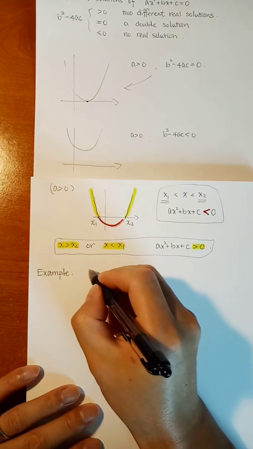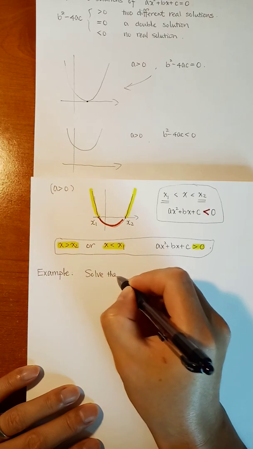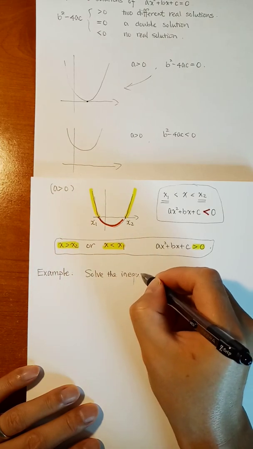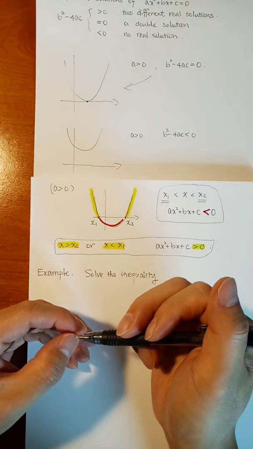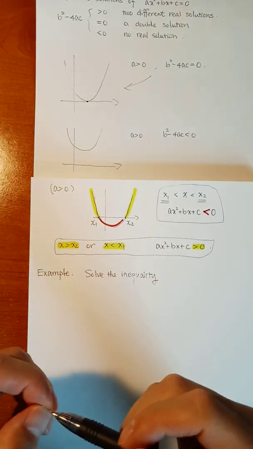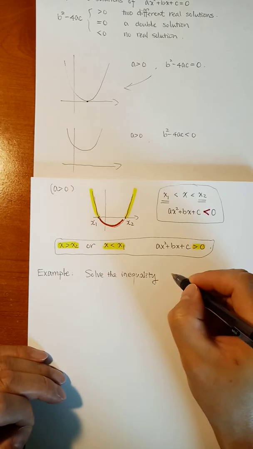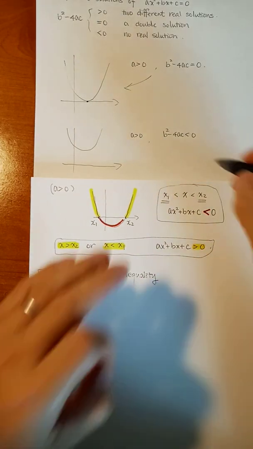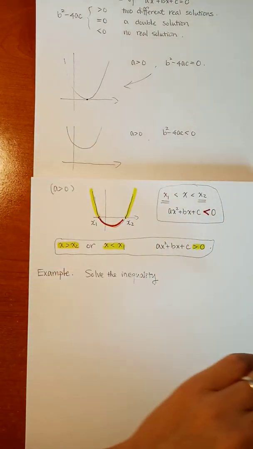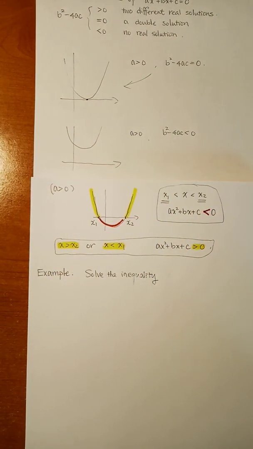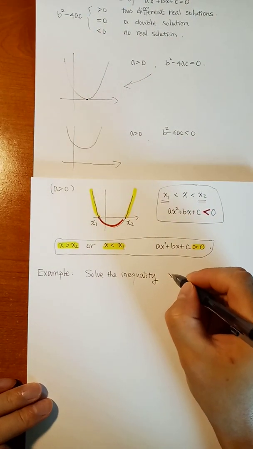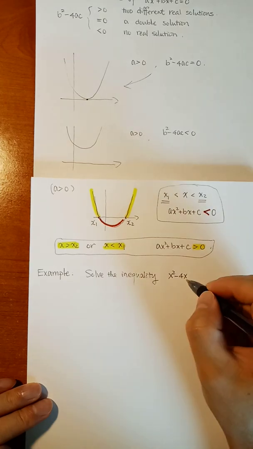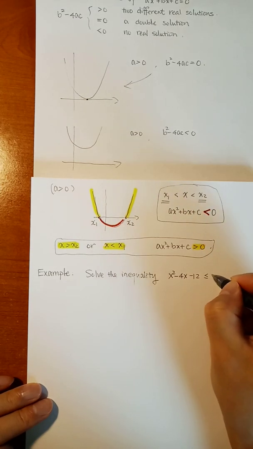First example, solve the inequality x squared minus 4x minus 12 less than or equal to 0.